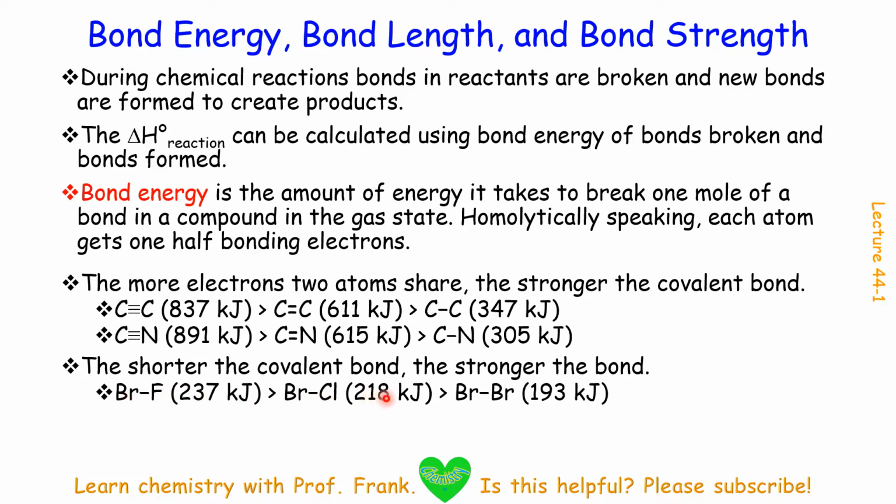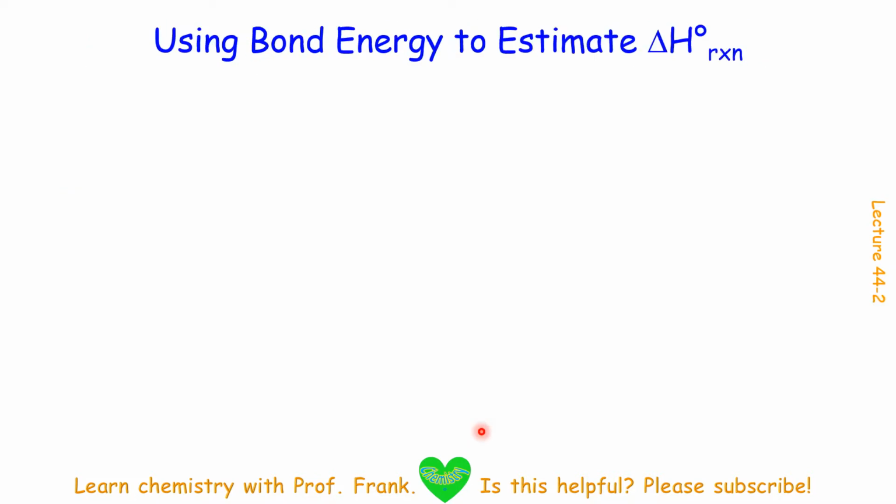That's why the energy is lower than the energy here. And bromine-bromine bond is the longest, and therefore this Br-Br bond has the lowest bond energy. Bonds become weaker down a column because of the increasing atomic size.